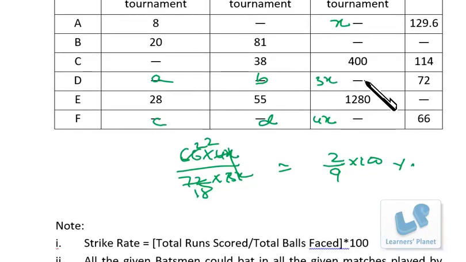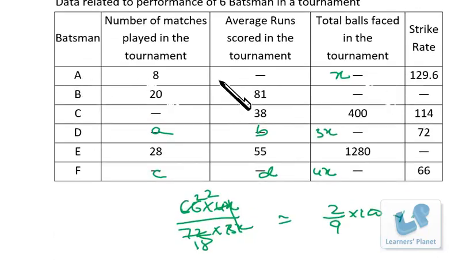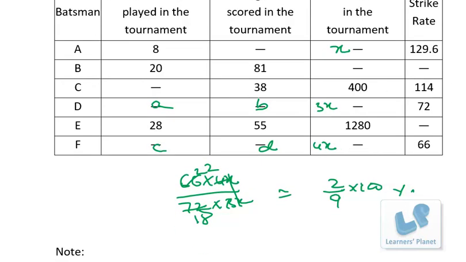Now we have been given the formula for strike rate, and the strike rate for A has been given over here. So precisely, total runs scored, that is X plus 74 divided by X, is equal to 1.296, because 100 is being multiplied, so on the opposite side it will be divided.